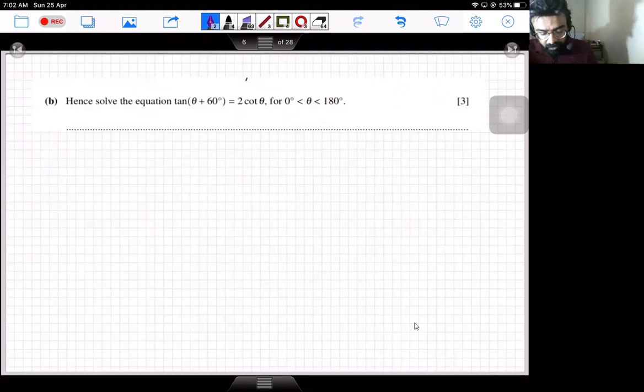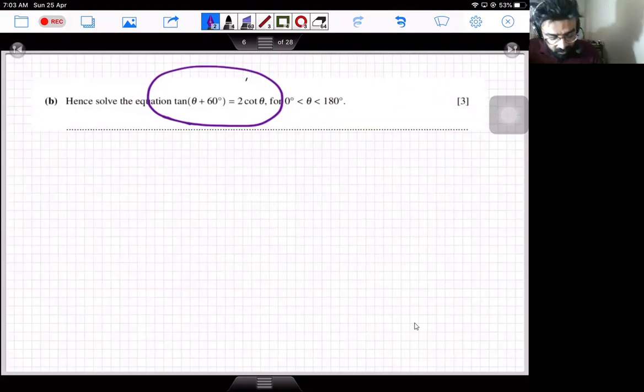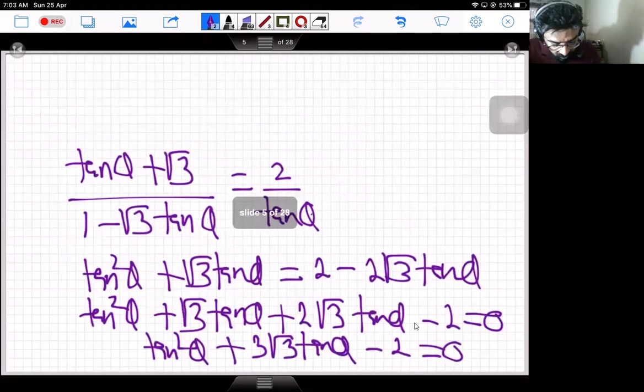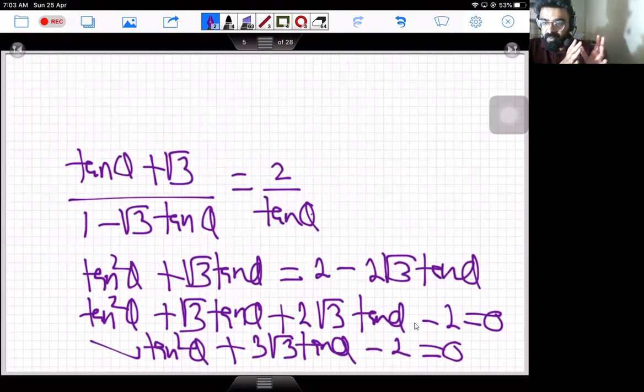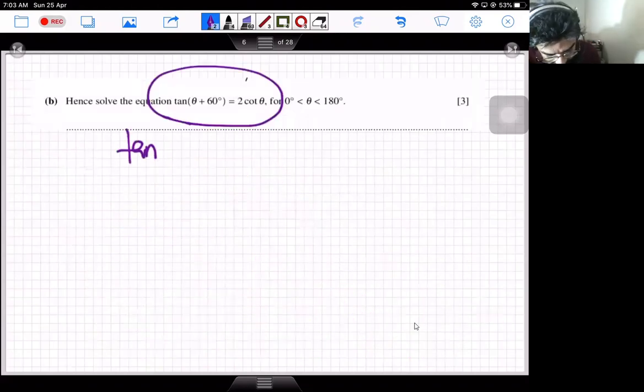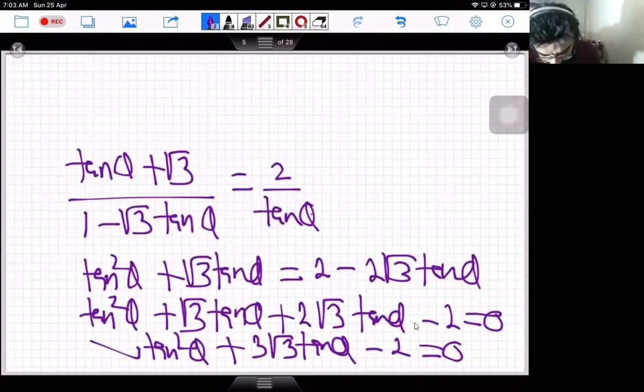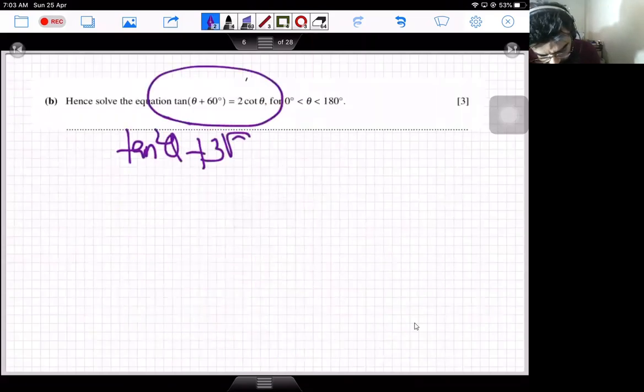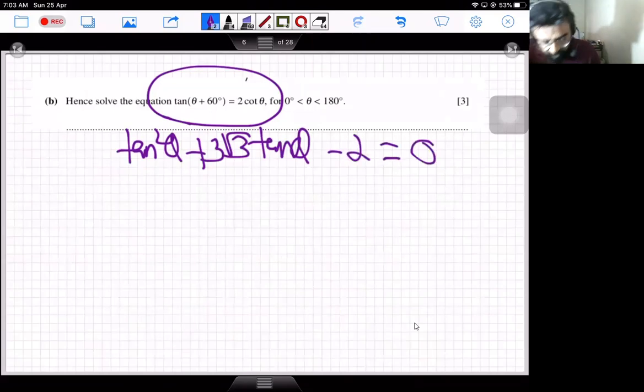All right, so in place of tan(theta plus 60) equal to 2 times cot theta, what you can do is just solve this equation, because you have just expanded the equation originally in the first part, and you obtained this form, the quadratic equation in terms of tan theta. So tan square theta plus 3 root 3 times tan theta minus 2 equals 0.